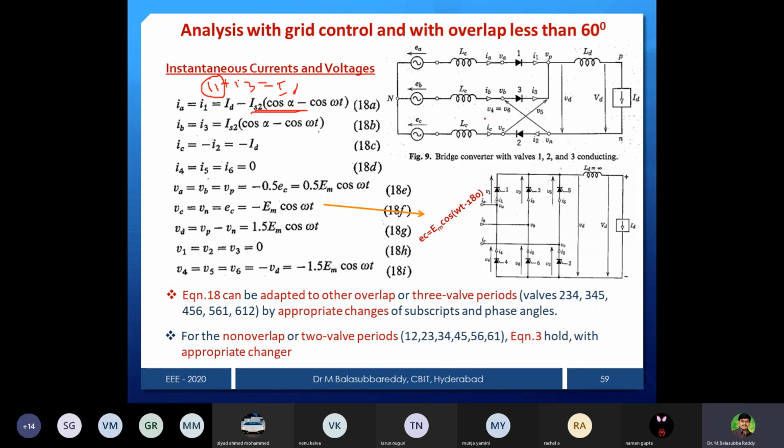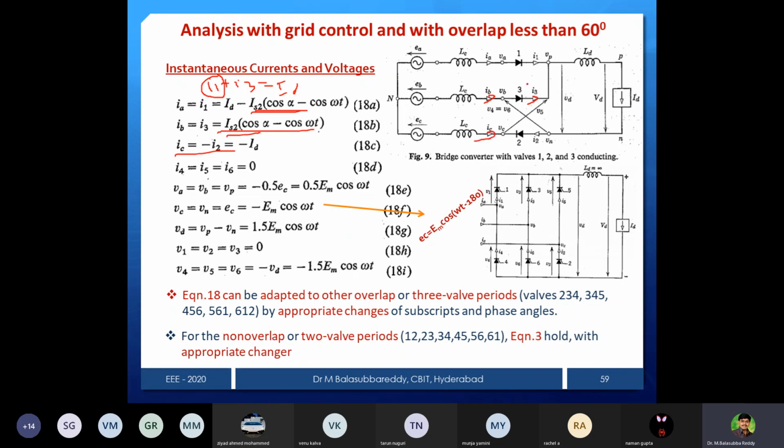And IB, where is IB? This is the IB current. IB current is nothing but the I3 current, which we already derived, because I3 is equal to ID minus I1. And IC, what is the IC current?